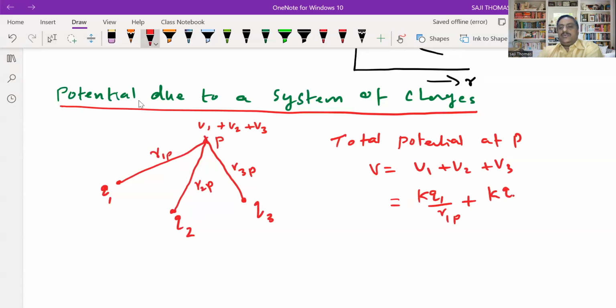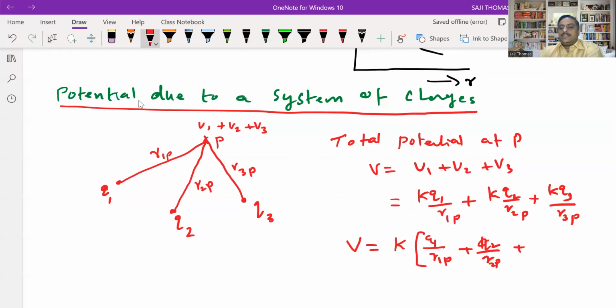V2 is K Q2 by R2P. V3 is K Q3 by R3P. So what is the total potential V? Take K constant. Q1 by R1P plus Q2 by R2P plus Q3 by R3P.